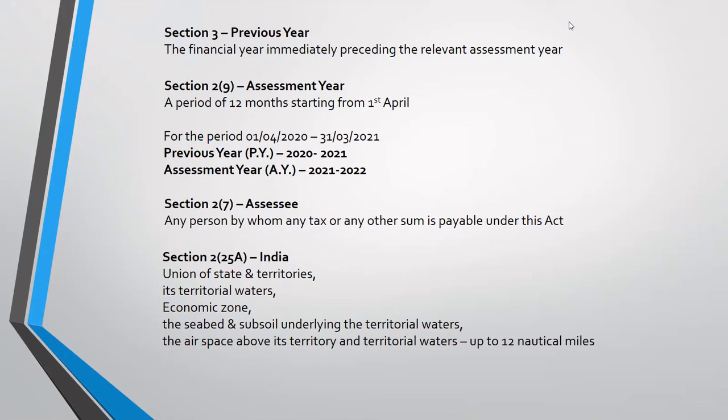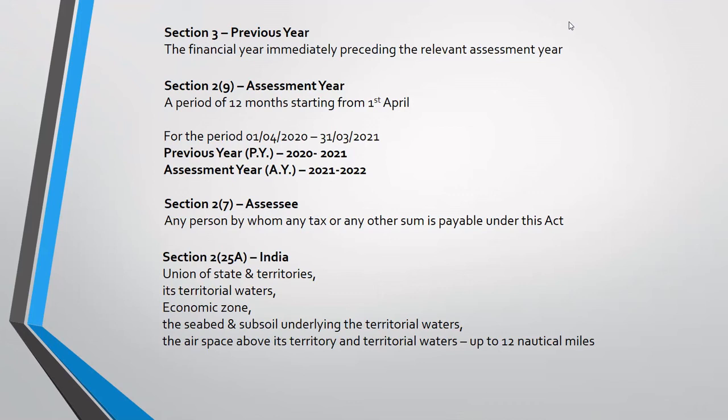Now, it is also important to know the definition of India, which is defined under Section 2(25A). Now, you would say, ma'am, we know what India is. India means from Kashmir to Kanyakumari. Oh, yes, my friends, that is the map of India.